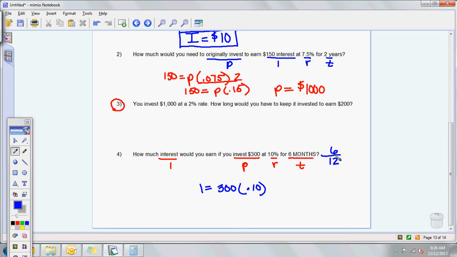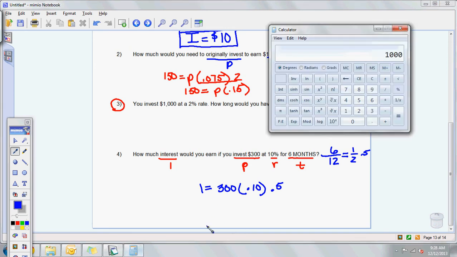So if we have 6 months out of 12, that's the same thing as 1/2 or 0.5. So you just have to figure out how much it is in years. So we're going to multiply it by 0.5. All right, so we're just figuring out what I is. So we're going to do 300 times 0.10 times 0.5 equals 15.